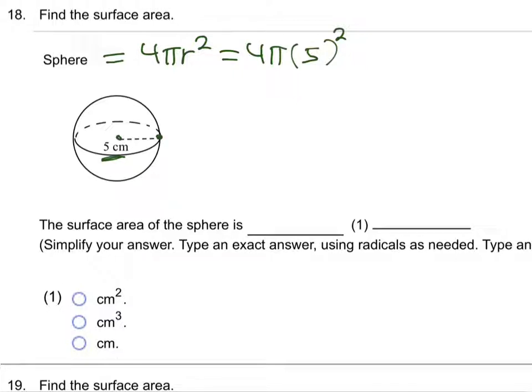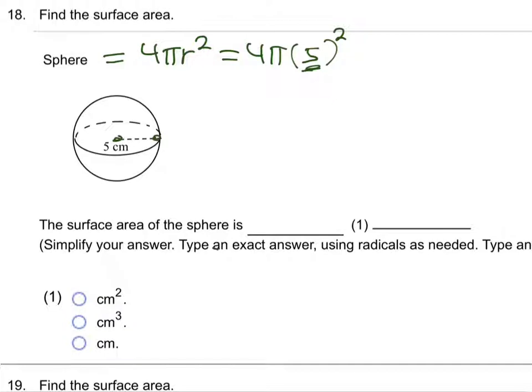That's the radius. Now, on the actual exam, I might give you something like this. I might show that all the way across is, I don't know what, 20 or whatever. What if I showed you all the way across is 10? Then the radius would be half that, would be 5, right? So the radius always goes from the middle to the edge.